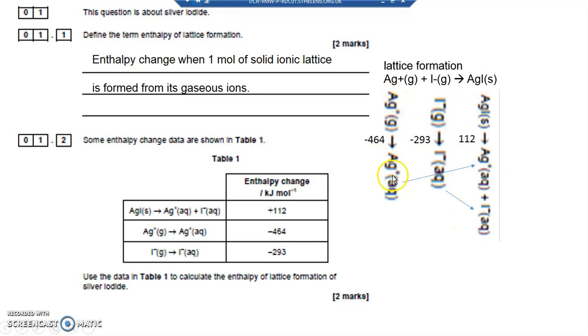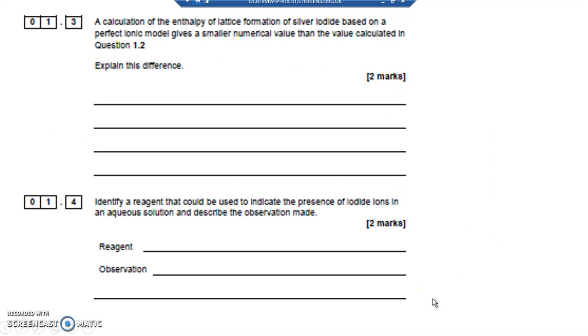I'm going down in the right direction. I've got the right number of particles, so I've got a minus 464 and a minus 293 to make these. Across here is nothing, and then I've got to reverse this sign to come back up, so it's a minus 112. So it's minus 464, minus 293 and minus 112, which gives minus 869 kilojoules per mole.